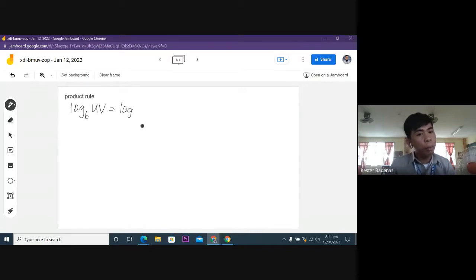So, ano muna yung logarithm ng factors? So, we have logarithm of u to the base b plus logarithm of v to the base b. Ayan siya. Yan yung product rule. So the logarithm of the product of the factors is equal to the sum of the logarithm of the factors.